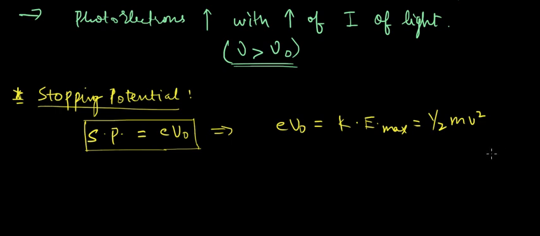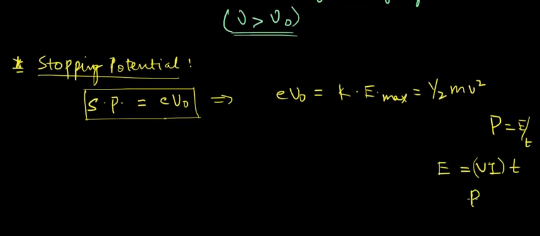Okay, so I hope you know the formula that power equals energy per unit time, and energy equals voltage into current into time. So you can derive the value of power from here.